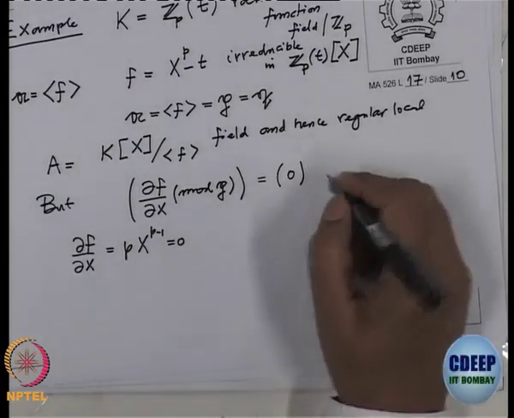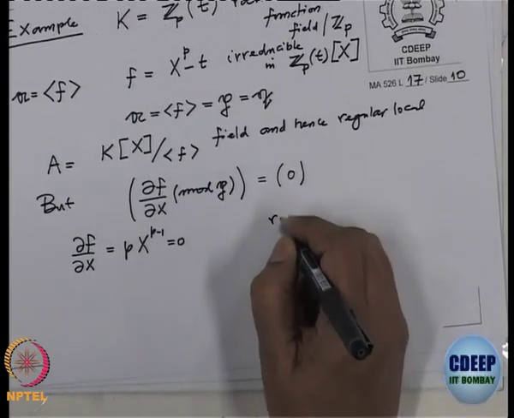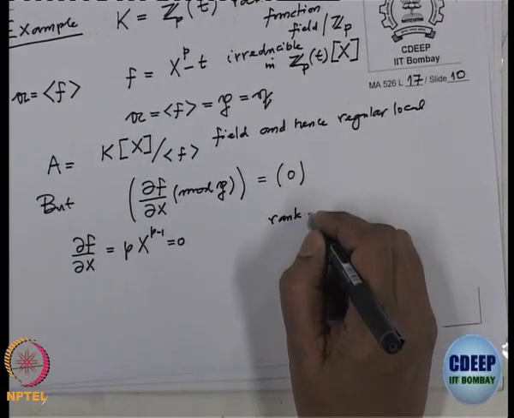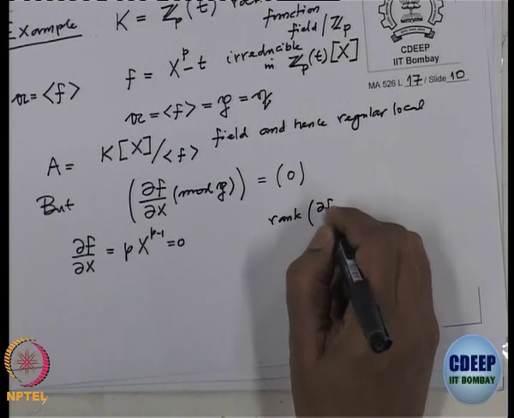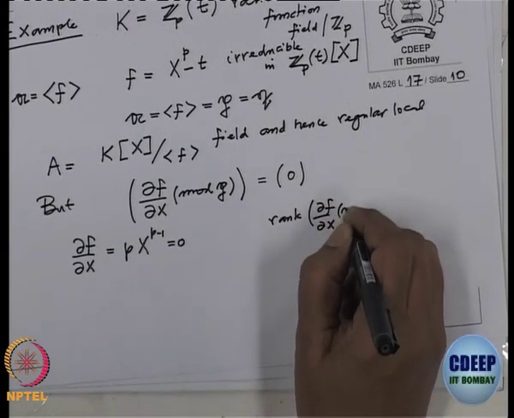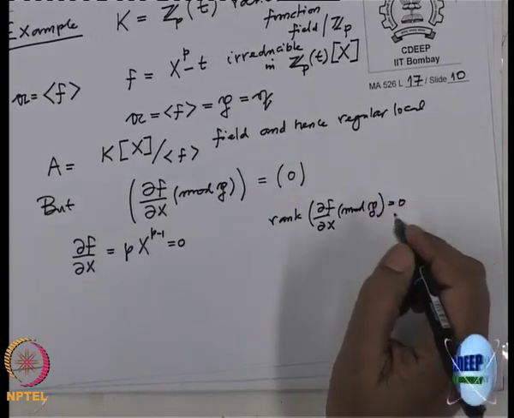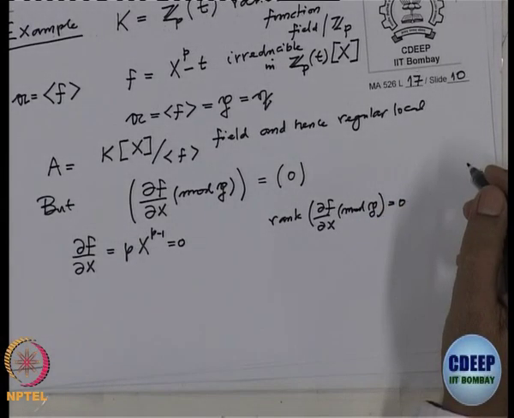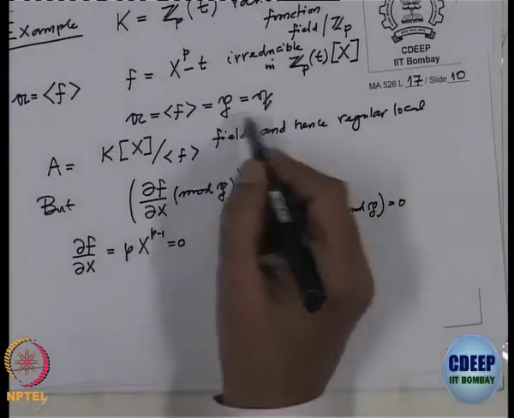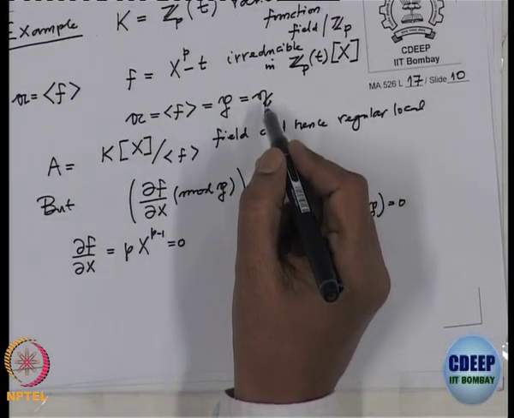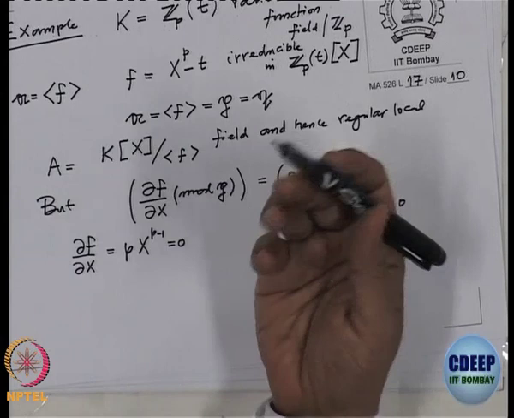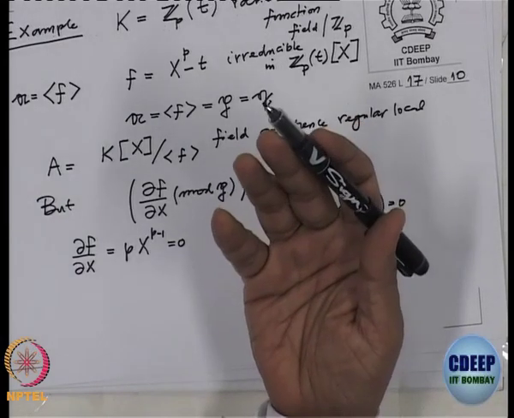The 0 matrix has rank 0, and what is the height? Height of Q, it is a principal ideal in a polynomial ring. So, height is 1.